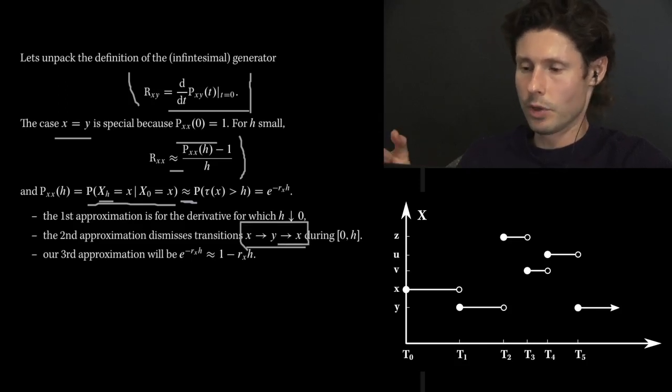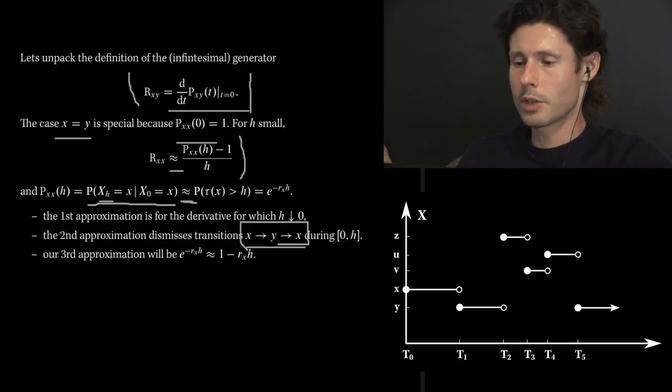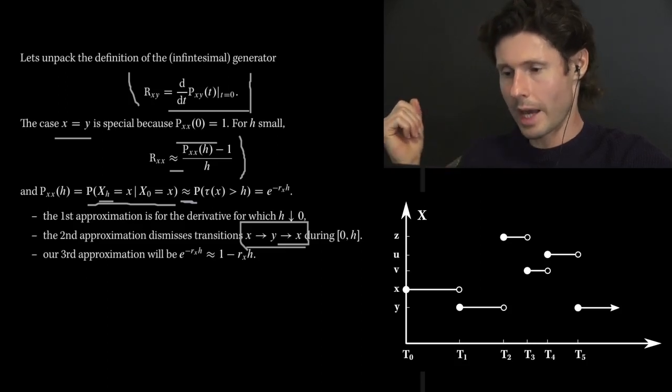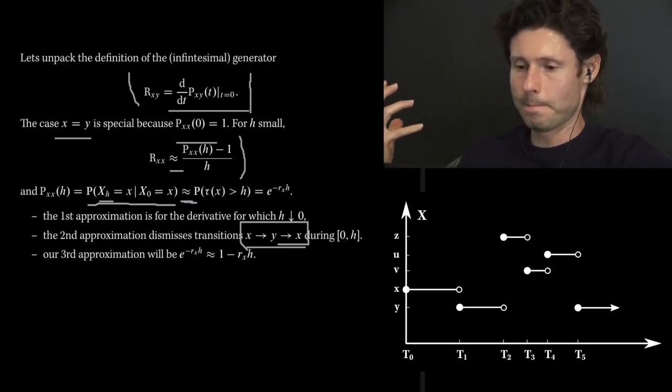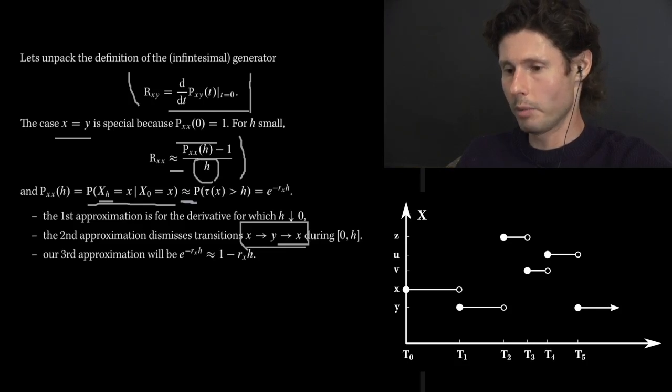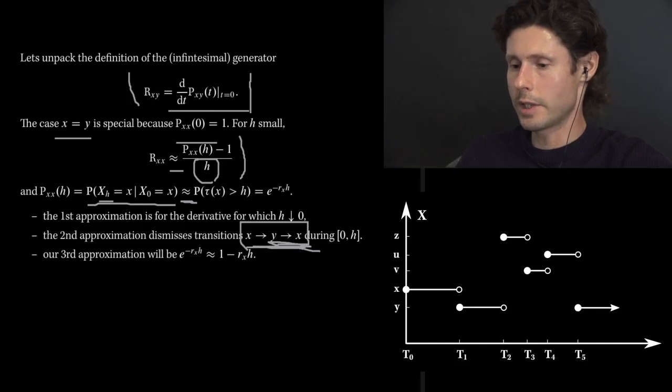In fact, if you try to compute those probabilities, you'll get something of order h squared. So that probability is very, very small relative to the order that we're working with. We're working in units of order h, so we're going to ignore terms of order h squared, which is why I'm ignoring these alternative ways of staying in state x in h units of time.